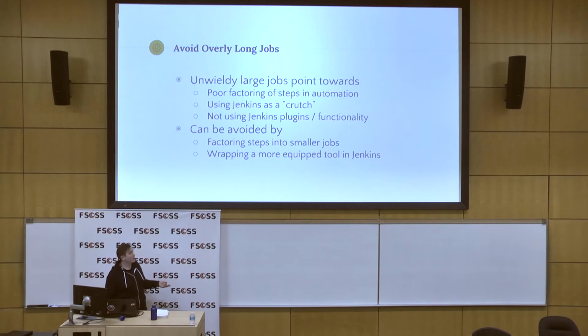The two simple ways you can avoid this are factoring your steps into smaller jobs, making sure each piece is very atomic and does only what it needs to, and, as I said earlier, wrapping a tool that might be more equipped to the job you're trying to do in Jenkins.